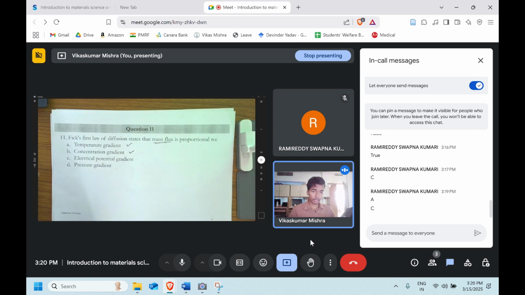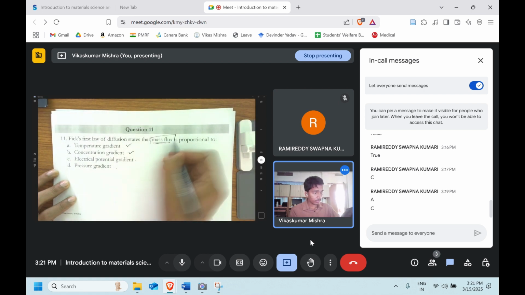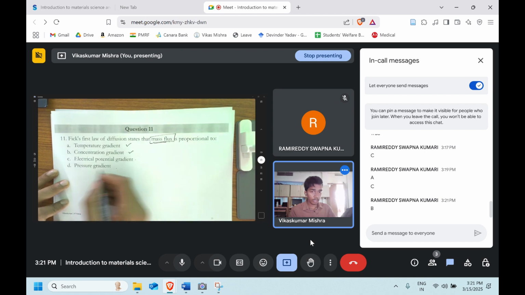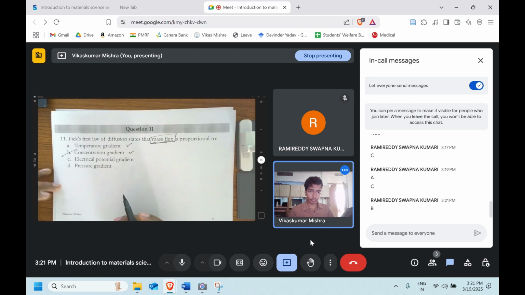Since we are talking about the mass flux, if we put a perfume in one corner of the room, it will diffuse to another corner because of the concentration difference. One side there is a high concentration, the other side is a low concentration. So the mass flux will depend upon the concentration gradient. Perfect.